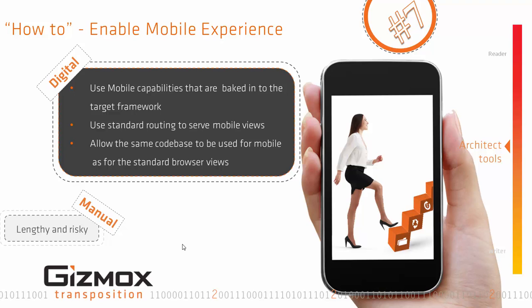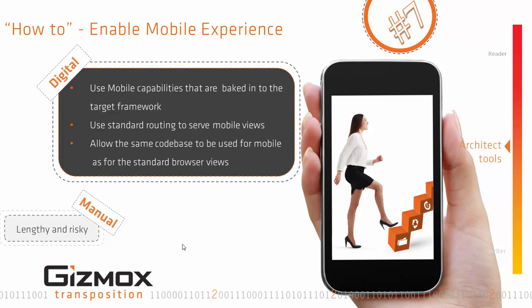The number 7 how-to is enabling a mobile experience on the same code base, making use of the standard target framework capabilities. As we'll see shortly, this is absolutely part of the digital rewriters solution, using the mobile capabilities in ASP.NET MVC or in the Java GWT framework.